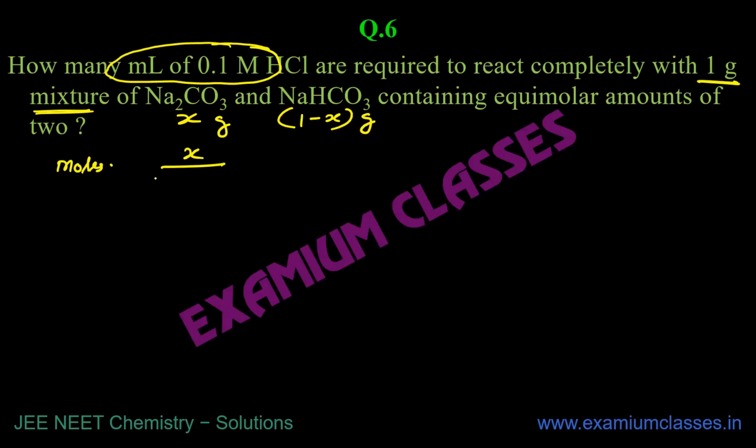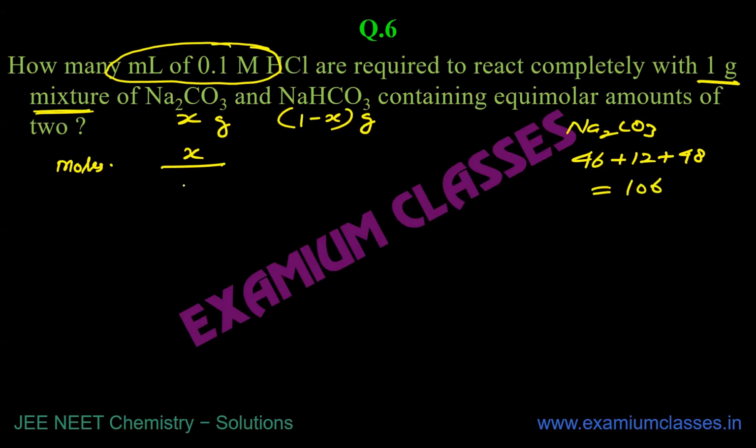So molar mass of sodium carbonate, Na2CO3: 2 into 23, 46, 12 plus 48, 60 plus 46, 106.